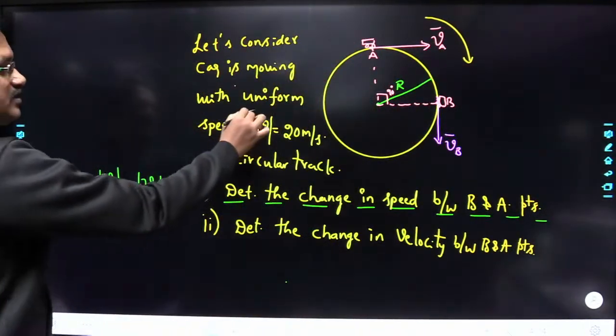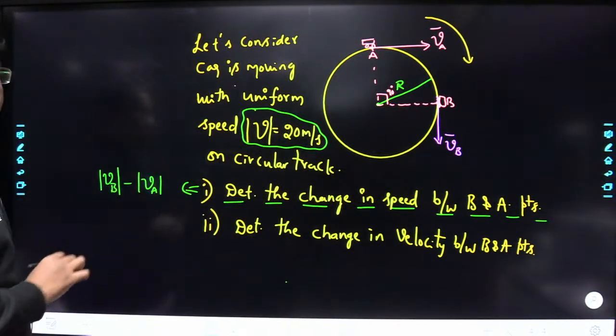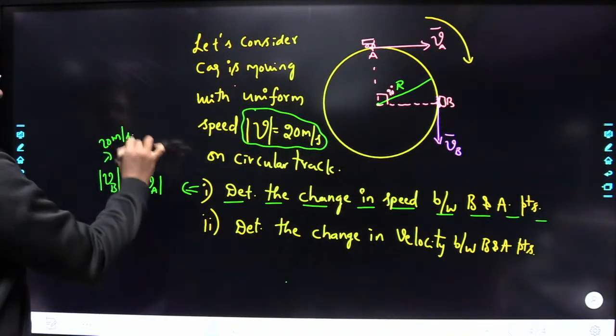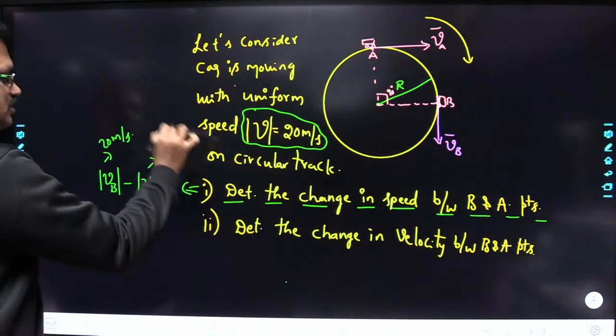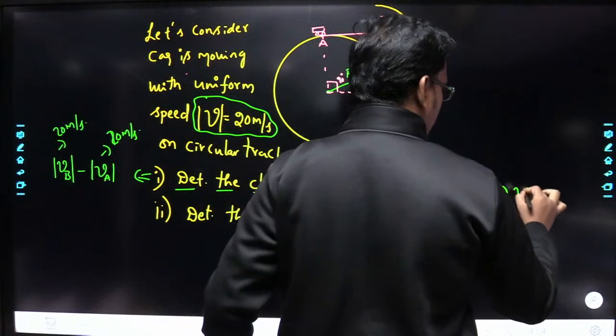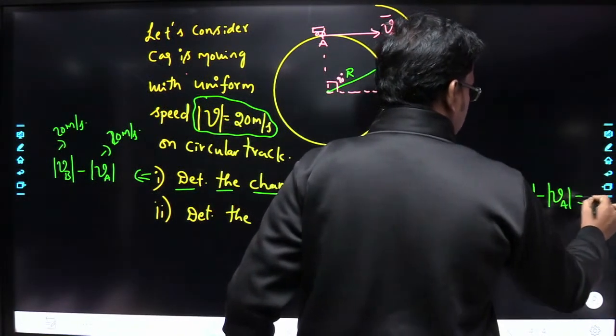They have said that it is moving with a constant speed, that is 20 meters per second. At VB the magnitude is 20 meters per second, at VA also the magnitude is 20 meters per second. So for the first question you are going to get VB minus VA is equal to 0.